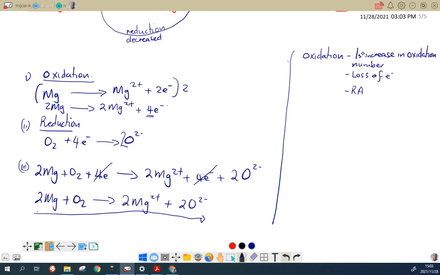And then there is reduction. What happens with reduction? It's the opposite of what we've just described about oxidation. It is a decrease in oxidation number. How does it come about? Through the gain of electrons.